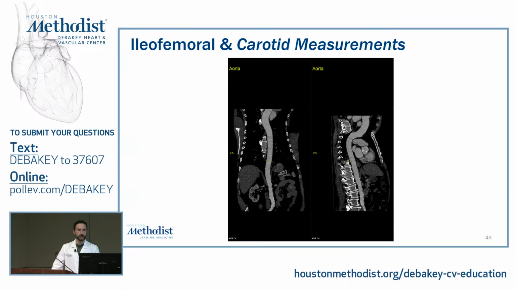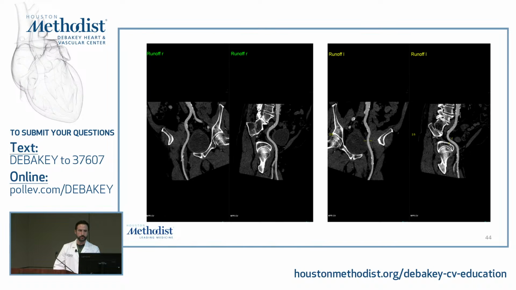And so here are your iliofemoral and carotid measurements. This is all from software, basically. It will reconstruct the entire aorta, all the way from the root down to the iliacs. So you can have a sense of how much calcification there is. You can have an idea if there are any focal aneurysms there. So it's a nice depiction of the aorta.